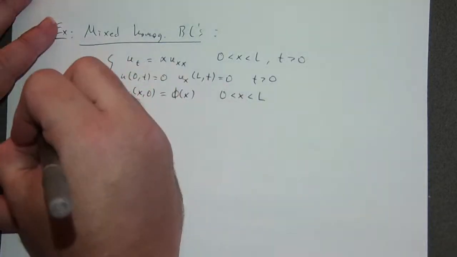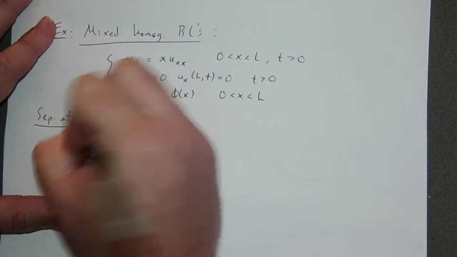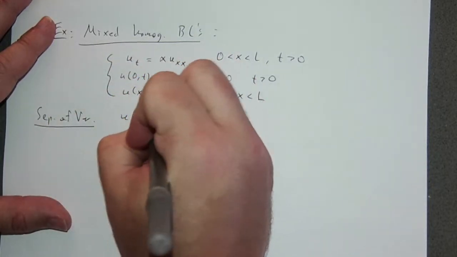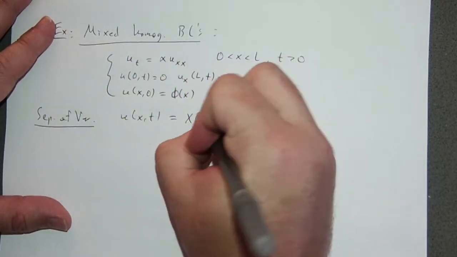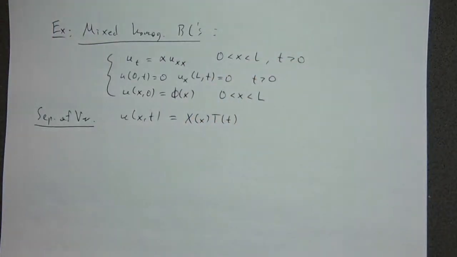So let's do separation of variables. Our usual thing here. So u of x,t is sought as a separated solution, which gives me what? What are my associated eigenvalue problems going to be?